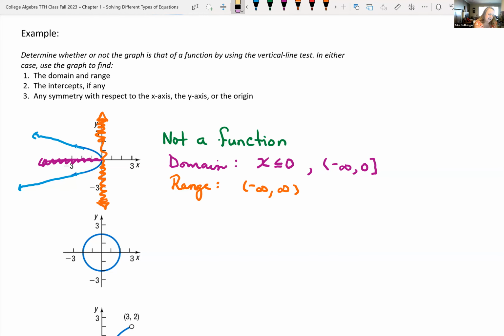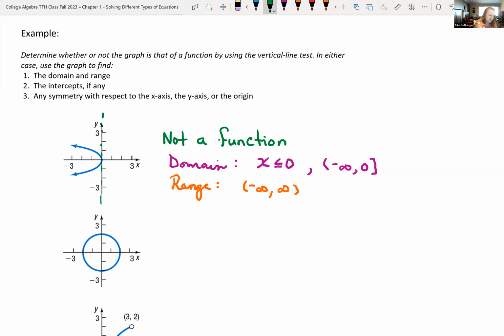So symmetry, looking at the graph, can we fold our paper along the y-axis and get a mirror image of each other? So if I folded my paper along this y-axis, I don't have a mirror image across there. So this is not symmetrical with the y-axis.